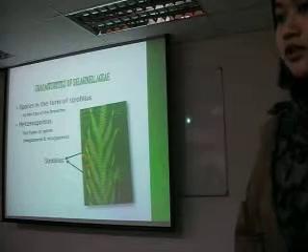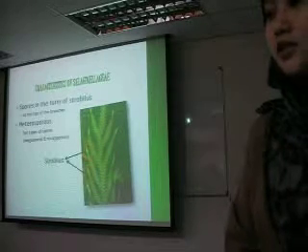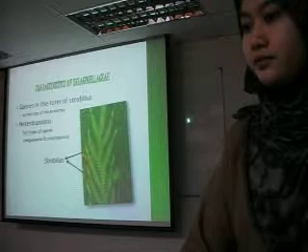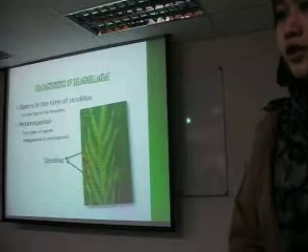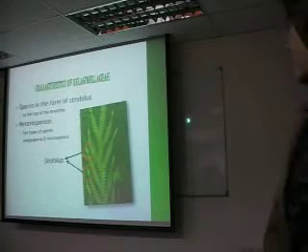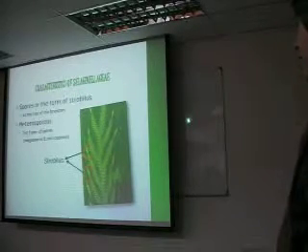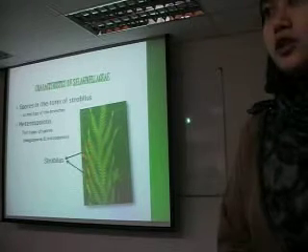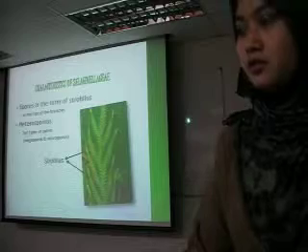The spores are in the form of a strobilus, which is located at the tips of the branch. Selaginella is heterosporous: it has 2 types of spores, which are megaspores and microspores.